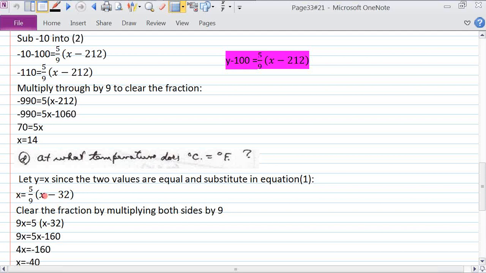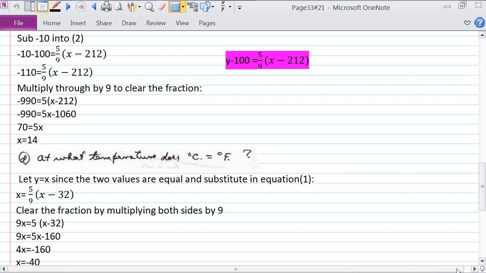This stays the same. We clear the fraction by multiplying both sides by 9. We get 9x equals, multiplying this by 9, the 9 in the numerator and the 9 in the denominator cancel. I get 5, and then I'm just going to use the distributive rule. I get 5x minus 160 because 5 times minus 32 is minus 160.